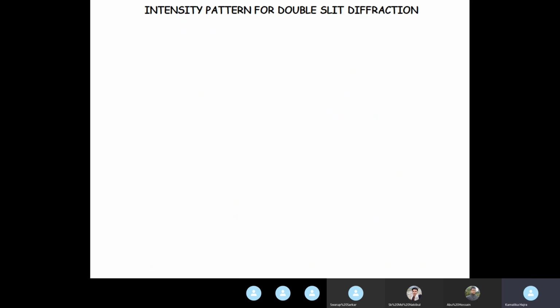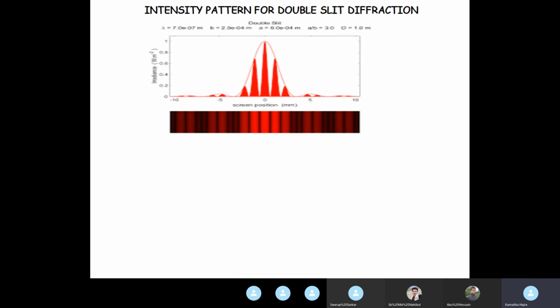And once again, now this is what you actually see in the laboratory. This is with actual values. They have given a value of lambda. B is 2 into 10 to the power minus 4 meters.